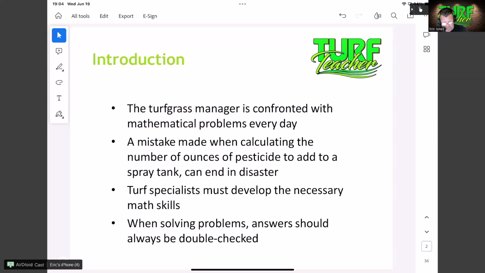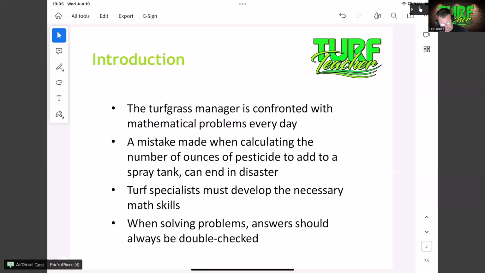When a mistake is made when calculating the number of ounces of pesticide to add to a spray tank, it can be a major disaster, whether we've applied too little or even too much. Both can hurt the checkbook. If we apply too little, we're going to have to go back, because our customer has paid us for a visit and we did not take care of the pest.